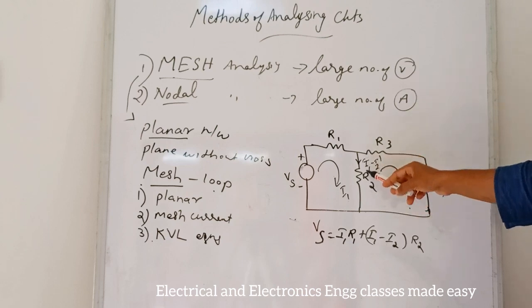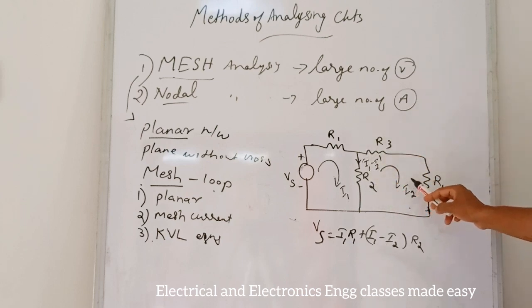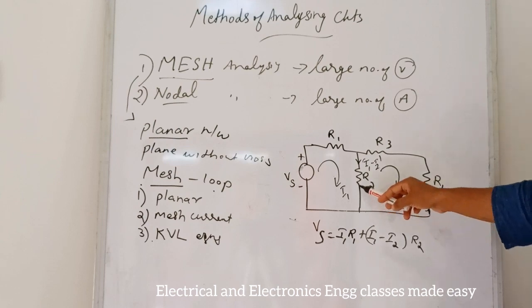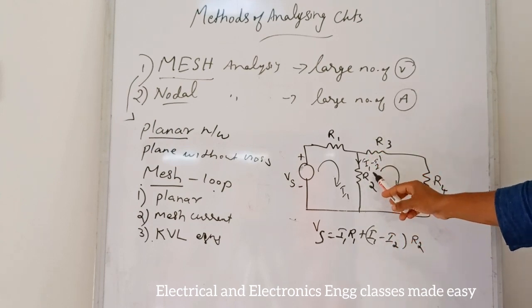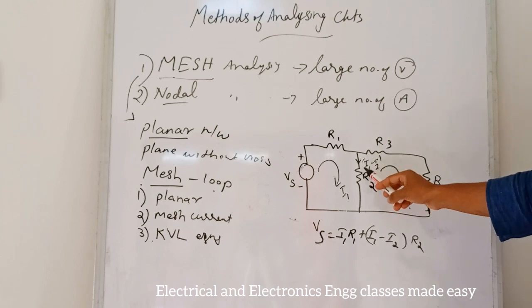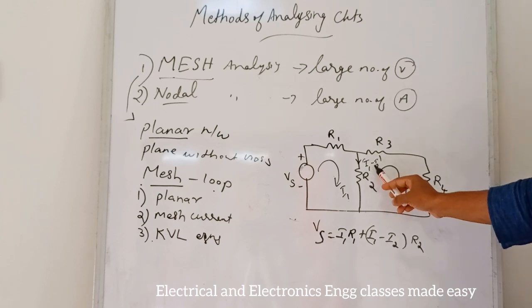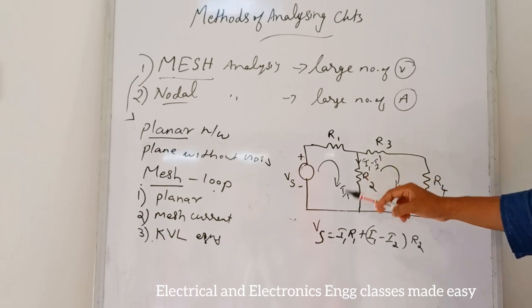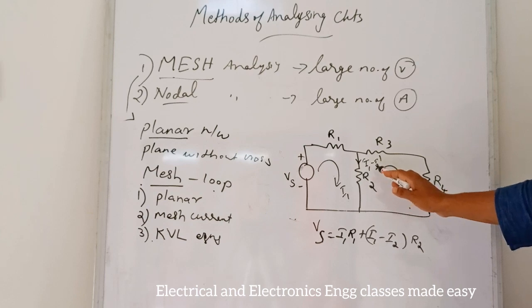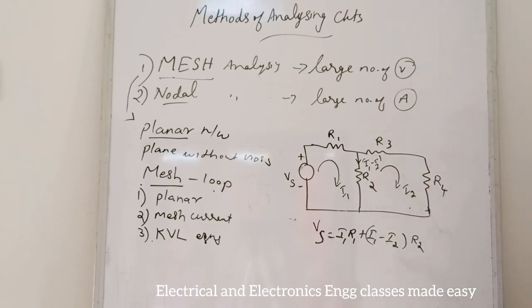through this branch I1 minus I2 in this direction, and here I2 is flowing in this direction. So either we can write plus (I2 minus I1) into R2 or minus (I1 minus I2) into R2.